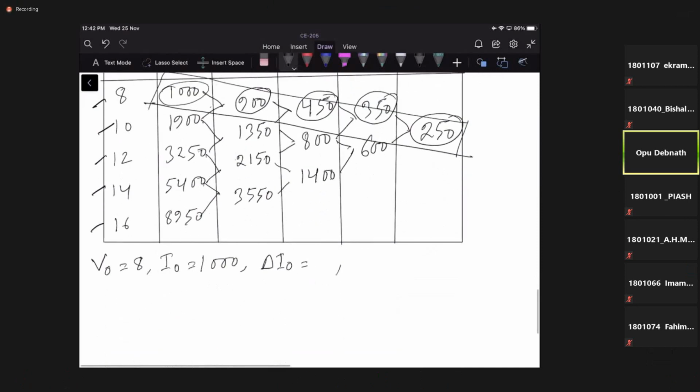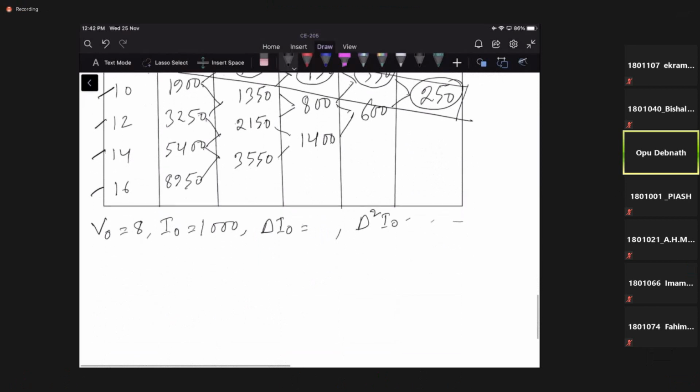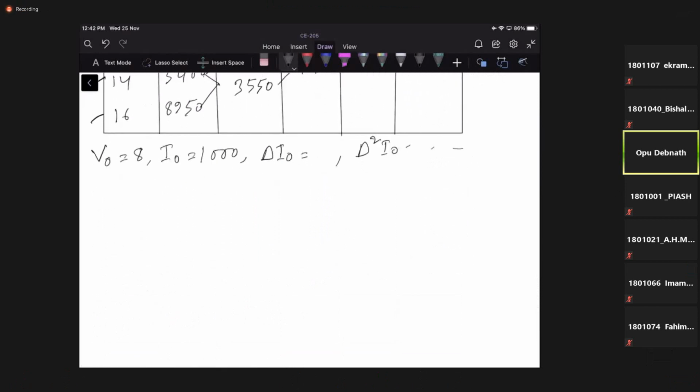So corresponding I0, corresponding del square I0, all of these values are known to you, and hence the interpolation formula, what will be the interpolation formula?